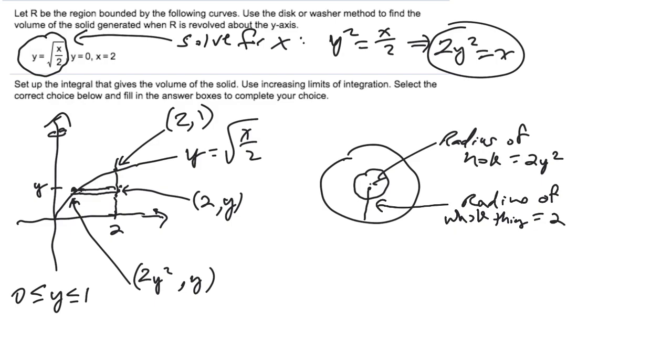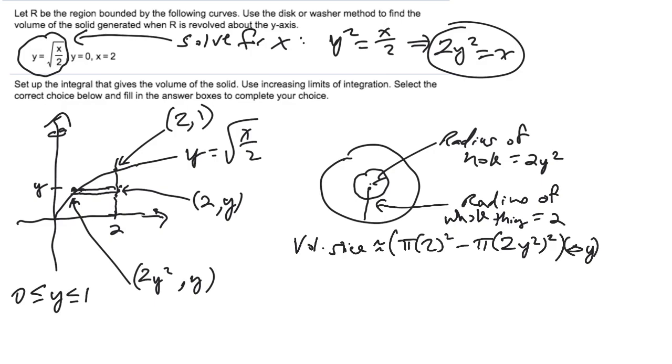Remember, our estimate for volume is just the surface area of the cross-section times the thickness of the cross-section. So the volume of one slice is approximately the area of this thing, which is pi times 2 squared, what the disk would have been if it didn't have a hole punched out of it, minus the area of the stuff that was punched out to form the hole, times the thickness, and we write the thickness in terms of y as well.